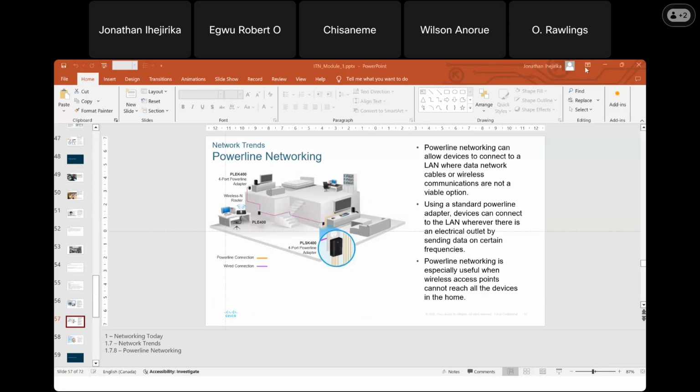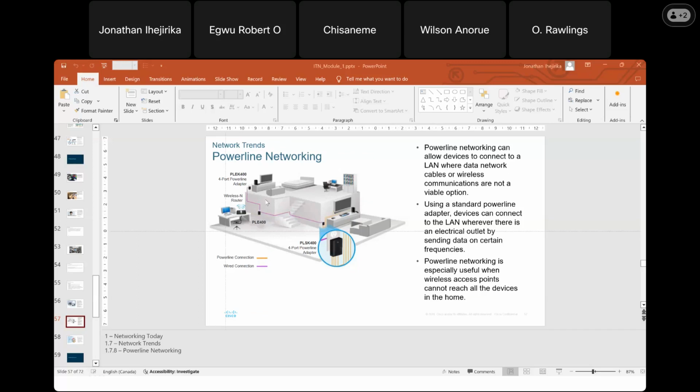So using a standard power line adapter, devices can connect to the LAN, that is the local area network, via an electrical outlet by sending data on certain frequencies. Power line networking is especially useful when wireless access points cannot reach all the devices in the home.